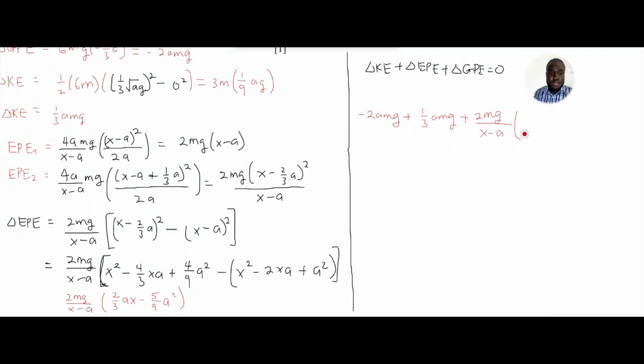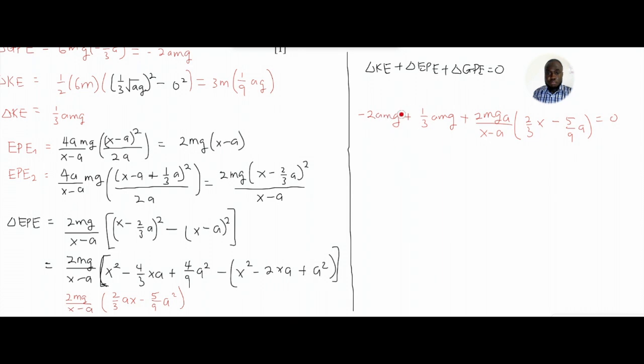So I want to factor out the a from this bracket and just have 2 over 3 x minus 5a. This is equal to 0.